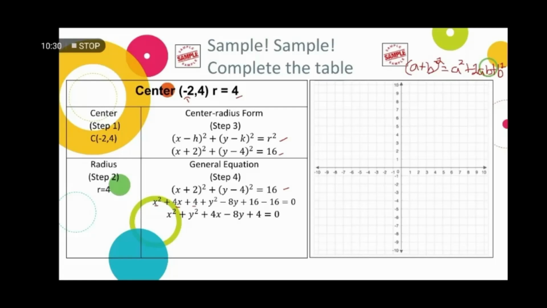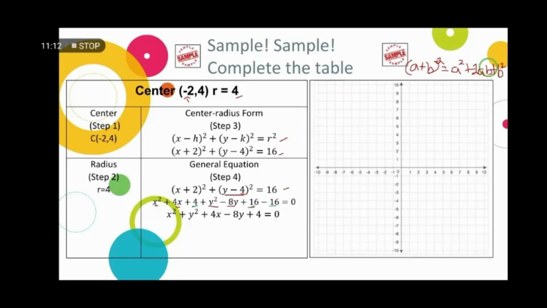Next, for the second: the square of the first term, y squared. 2 times negative 4 is negative 8, times y, negative 8y. For the last term, negative 4 is the second term, so negative 4 times negative 4 is 16. Combining similar terms, the constants are 4, 16, and negative 16.